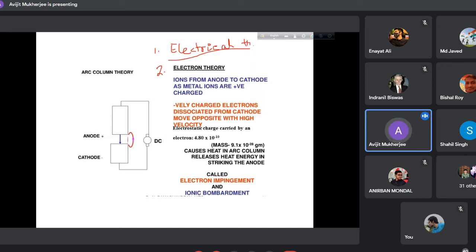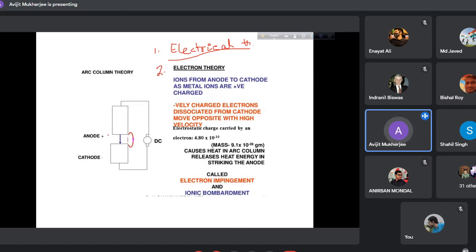Now, in electrical theory, what is happening? What is that theory? Electrical theory states that an arc column is established when the two electrodes are struck and separated by a small gap. Then how is the arc established as per electrical theory? So we have two terminals.